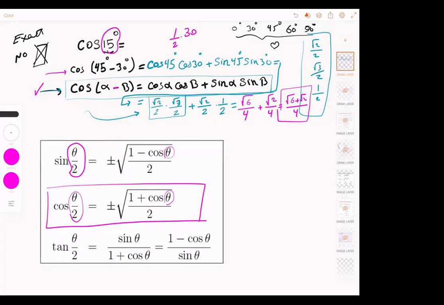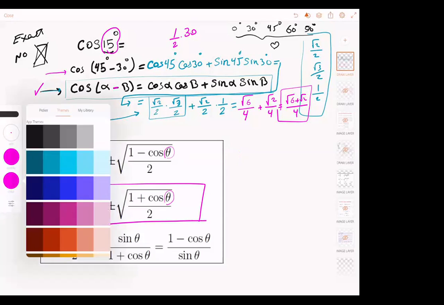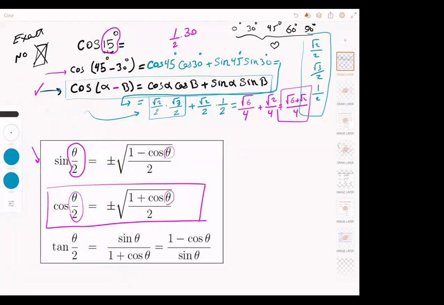So please do not freak out at the format of this formula. You will be happy that this makes sense to you. We're talking about the half angle formula. I'm not asking you guys to prove it. Even proving it is not that complicated. But say I ask what is cosine of 15.